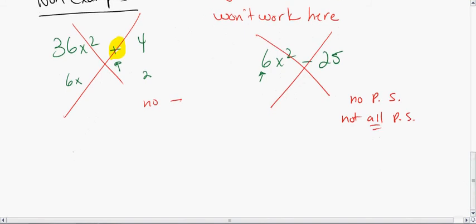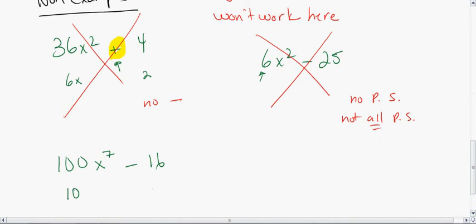How about this? 100 x to the 7th minus 16. All right, go down the checklist. Are there 2 terms? Yep. 100 x to the 7th and 16. Am I subtracting? Yep, I am subtracting those 2. Do I have perfect squares? Well, let's see. The square root of 100 is 10.